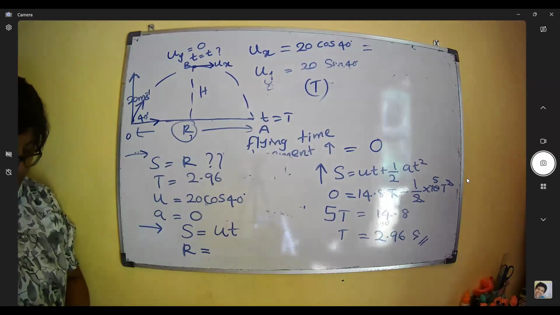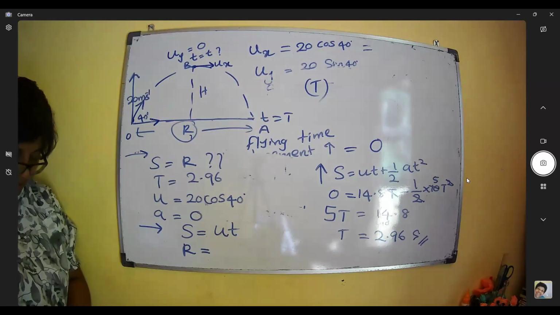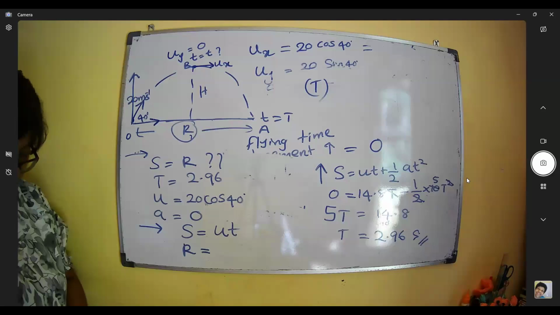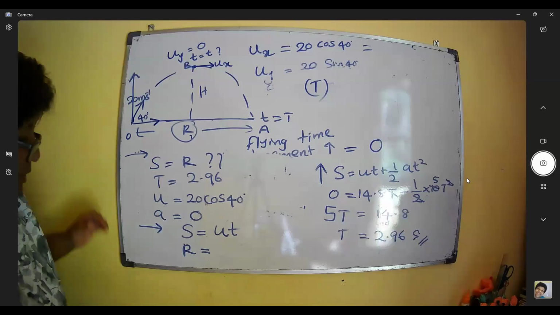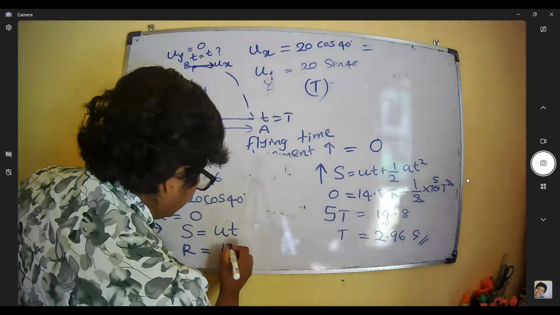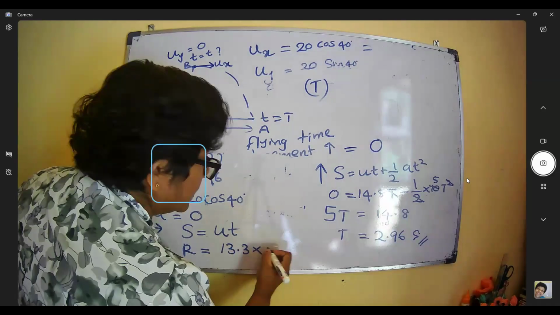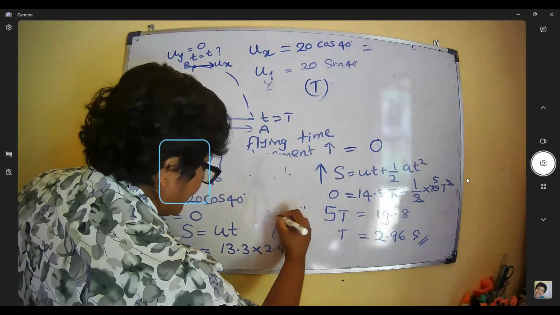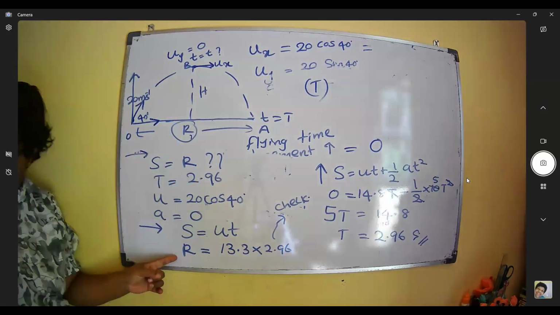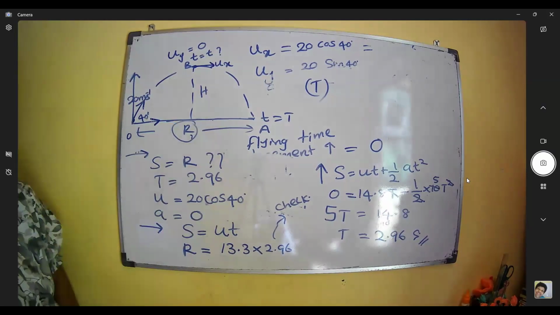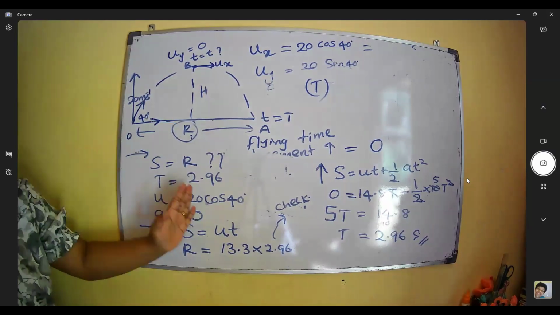Please check these answers, I don't know if the math calculation is right or wrong. Cos 40 into 20 is 13 point something, then 4.96. Please check. It's equal to ut, then R can be found. This is the range of motion, or horizontal displacement.